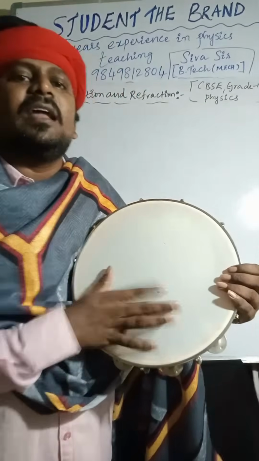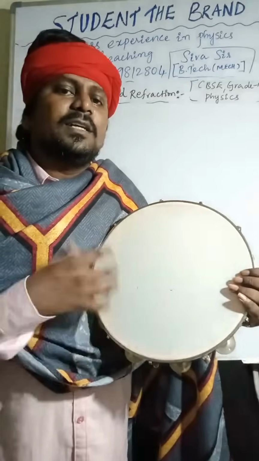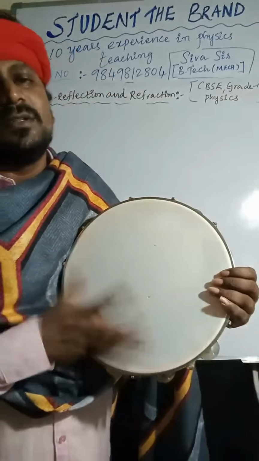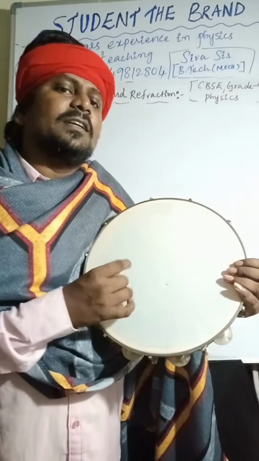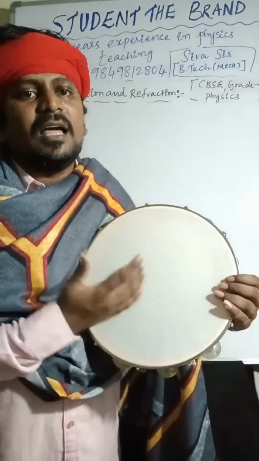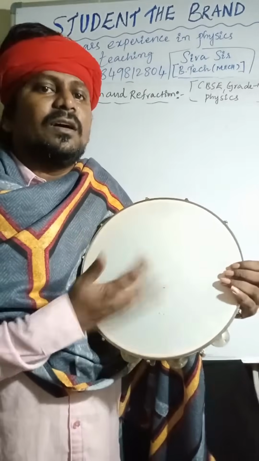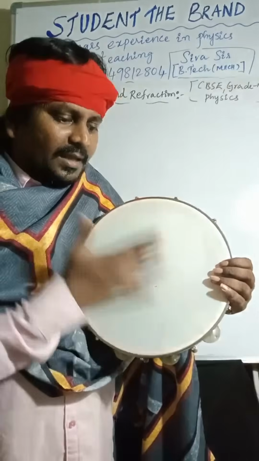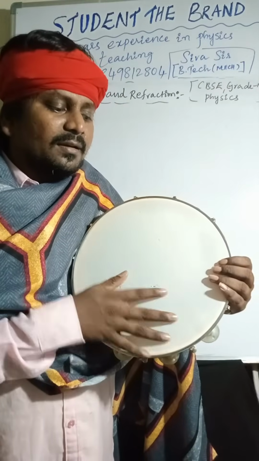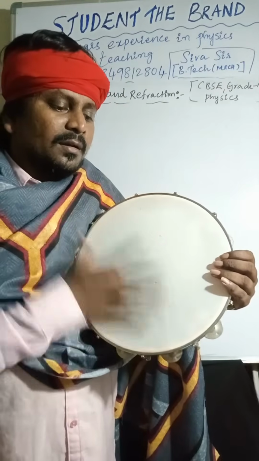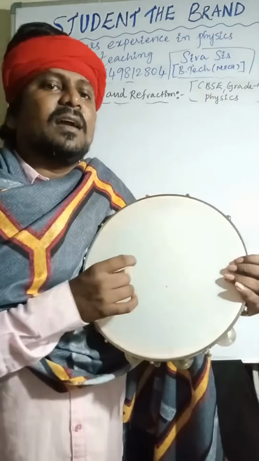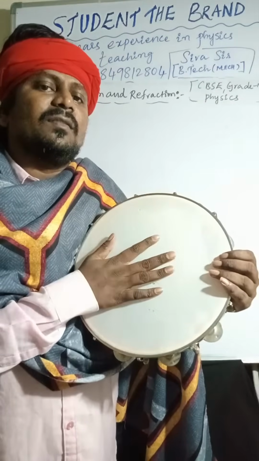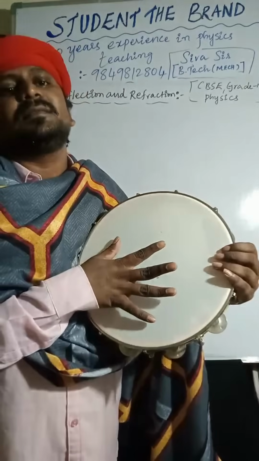Distance are negative opposite to incident rays, distance are positive above the principal axis, distance are negative below the principal axis. New Cartesian, sign convention, new Cartesian, sign convention.